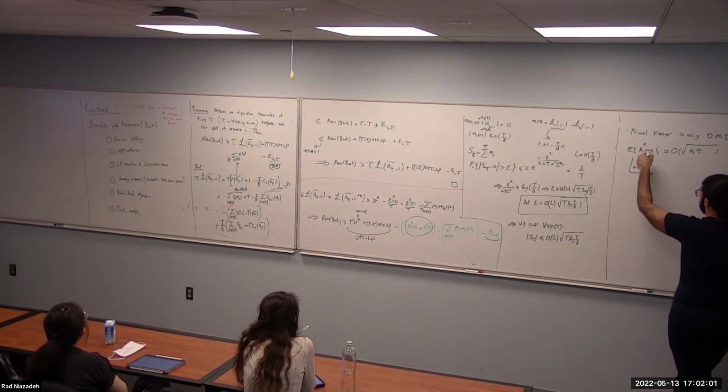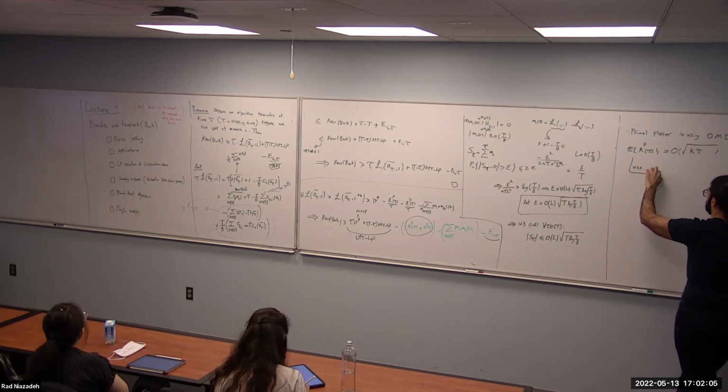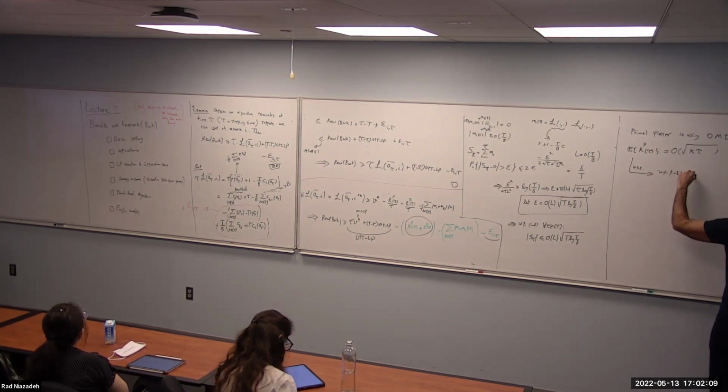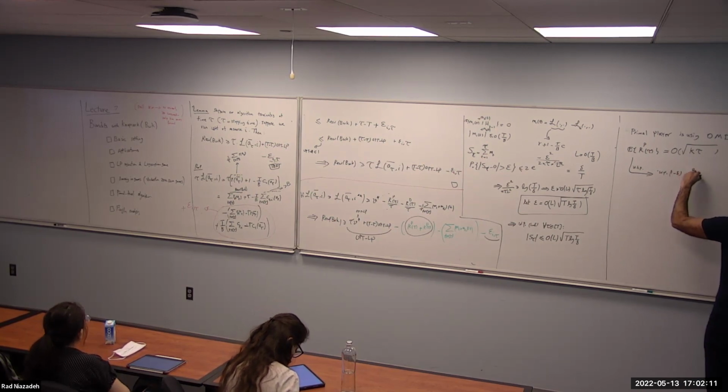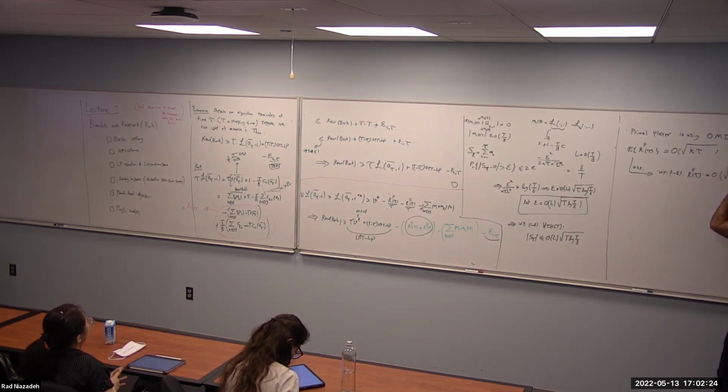And this is kind of coming from a textbook in some sense. So we can say with probability 1 minus delta, R_P of tau is going to be order the square root of K times tau log of tau divided by delta.